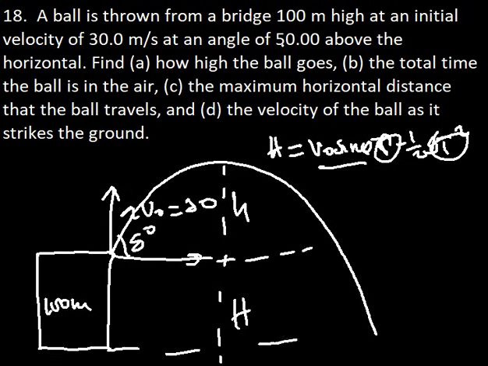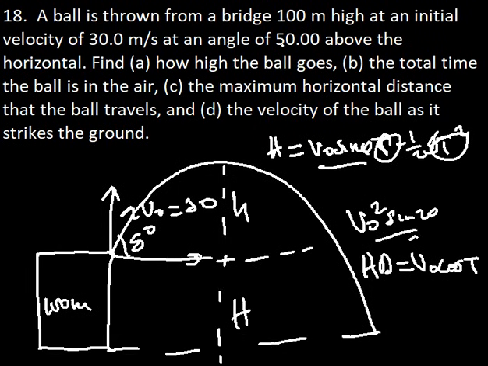The horizontal distance is equal to v naught cos theta times t. We cannot say the horizontal distance is the same as the range, v naught squared sin 2 theta over g, because this is not the symmetric case of the motion. So we only use this when it is symmetric.